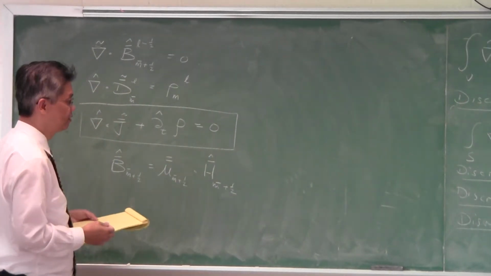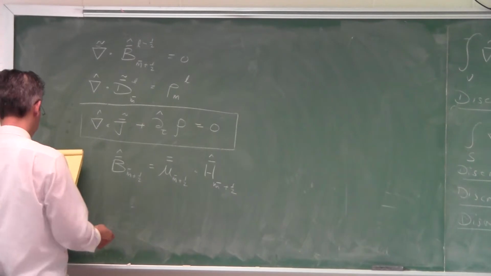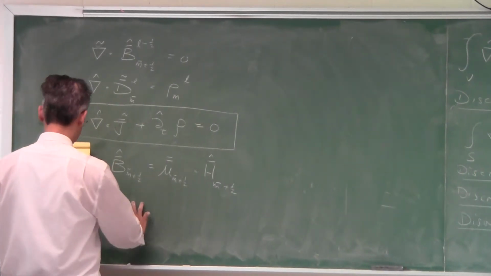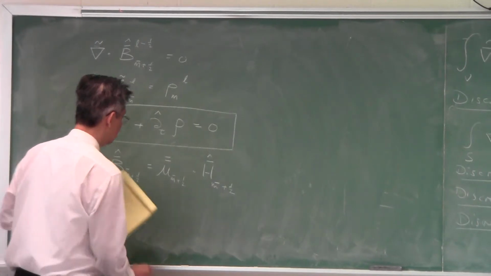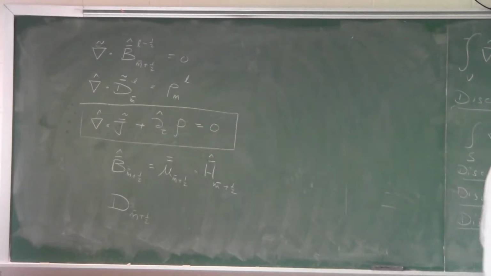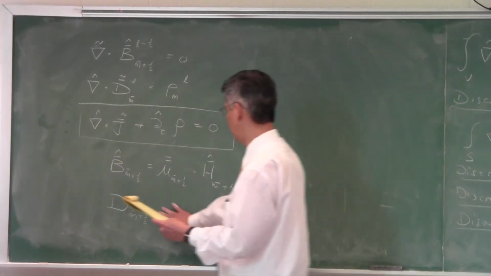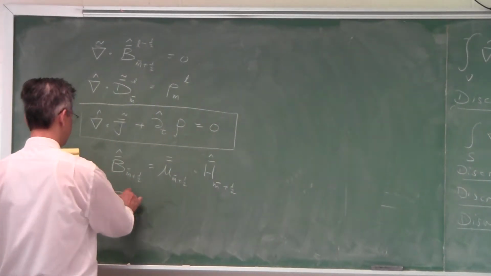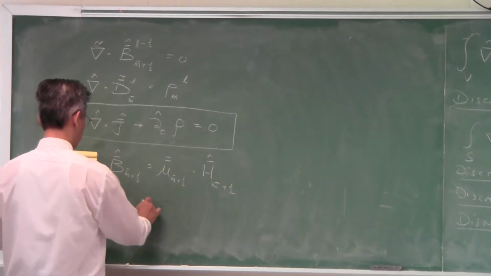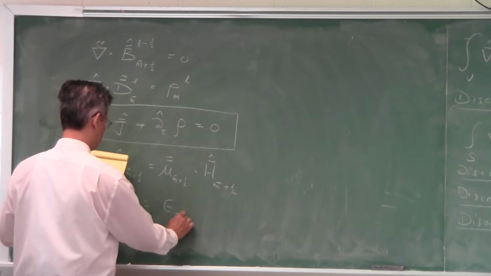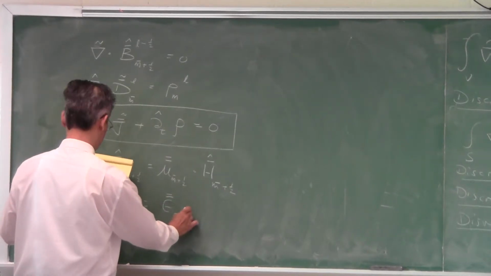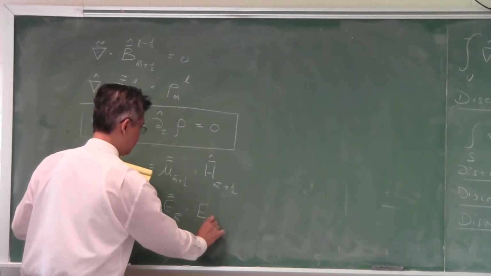You can use this constitutive relationship and then plug into that equation over there, and D_m, not plus half, D_m is epsilon E_n.